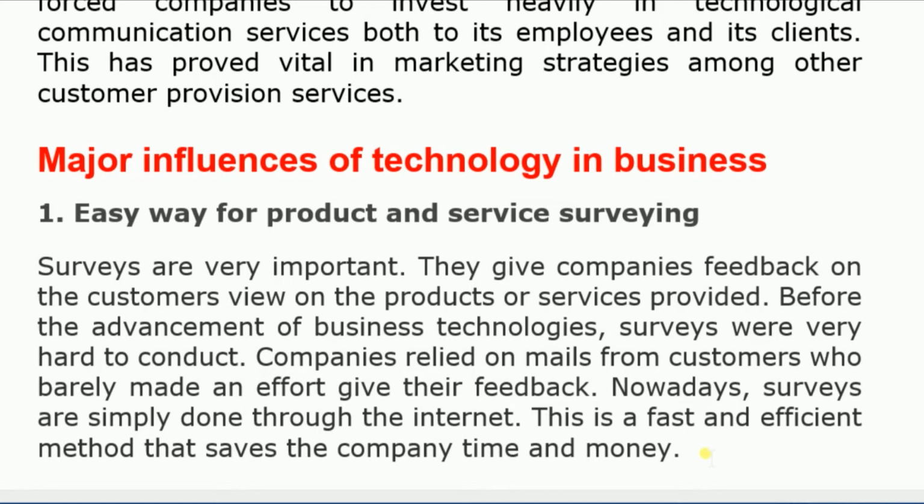Earlier they used to send only the email, but the internet was not so famous and only the PC user had internet. But nowadays, because of mobile, every person uses the internet, so it's very easy to make the survey and improve the product.